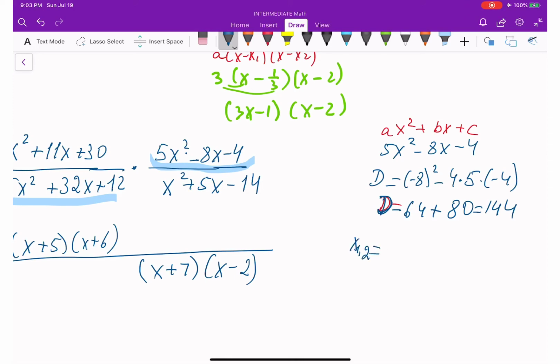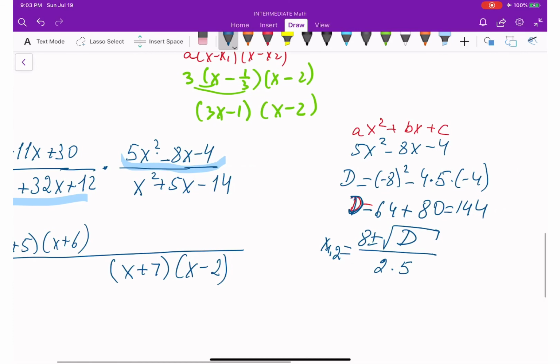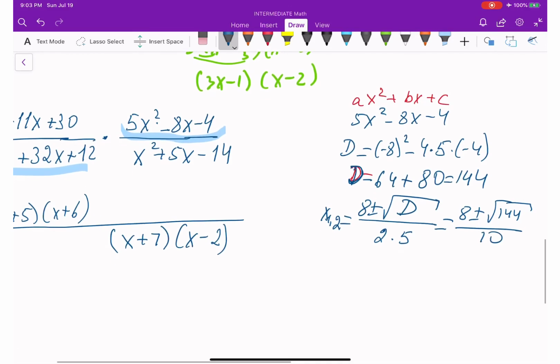x1,2 is equal to negative b. Since my b is negative 8, negative b will be positive 8, plus or minus the square root of the discriminant, over 2 times a, which is 2 times 5. And we have 8 plus or minus square root of 144 over 10. All right.